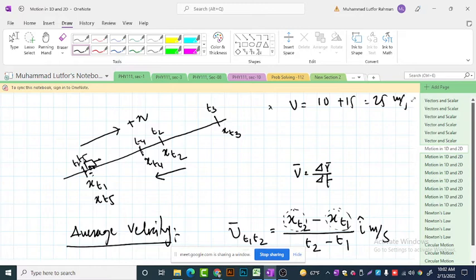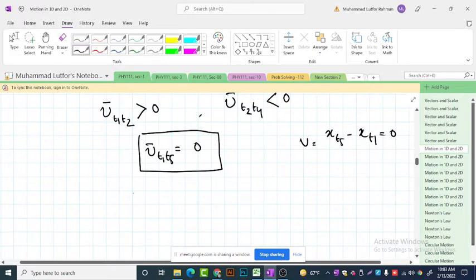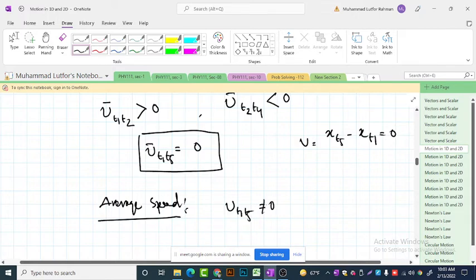What about if I say average speed? Total distance divided by total time. Exactly. So the average speed between t1 and t5 is not equal to 0, because average speed is the total distance divided by total time.